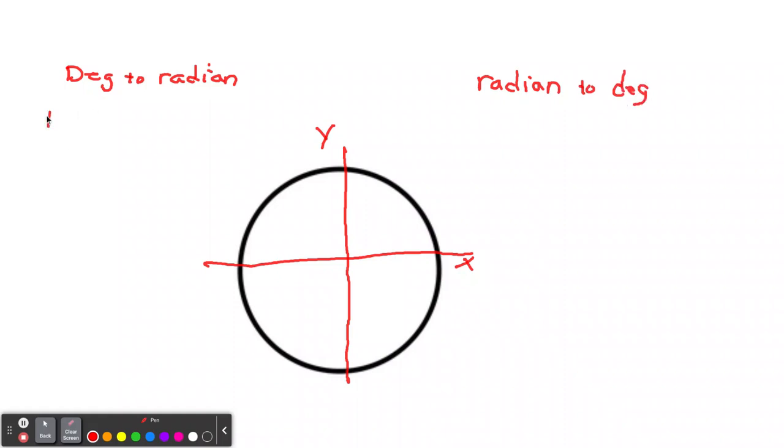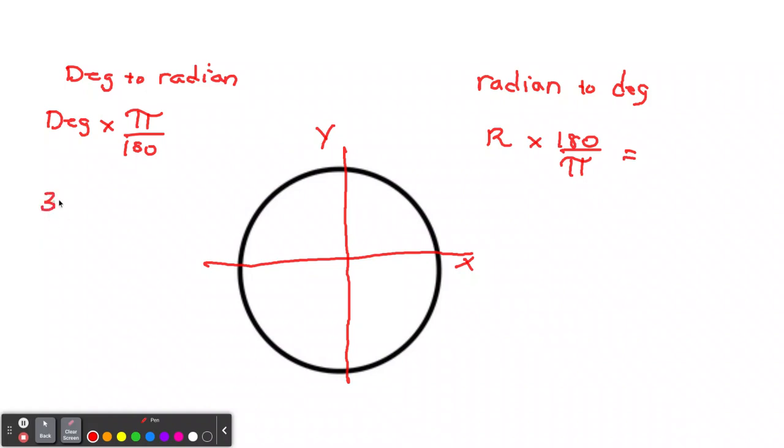So degree to radian, you take the degree, and you times it by pi over 180. For radian, you take the radian and times it by 180 over pi. Just flip it. So just look at those two and just flip it.